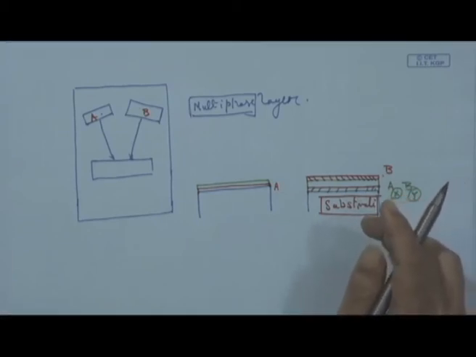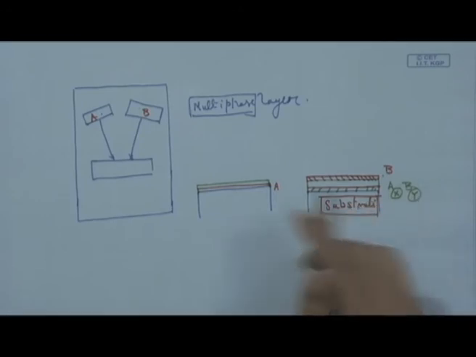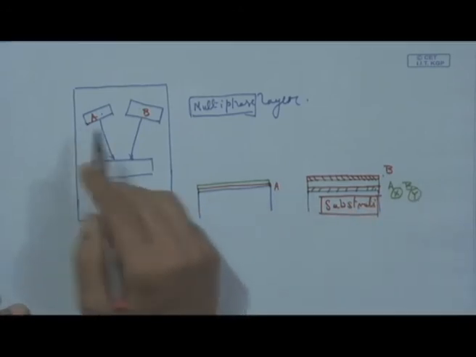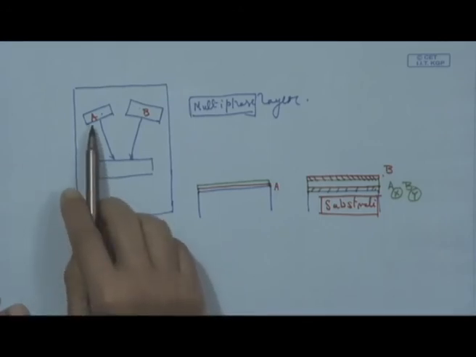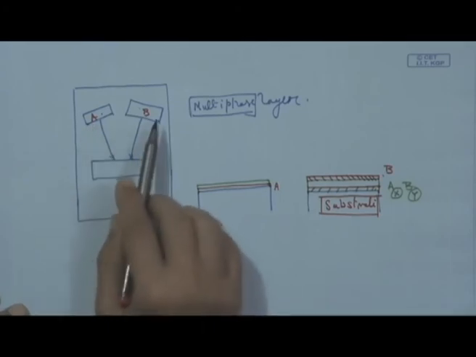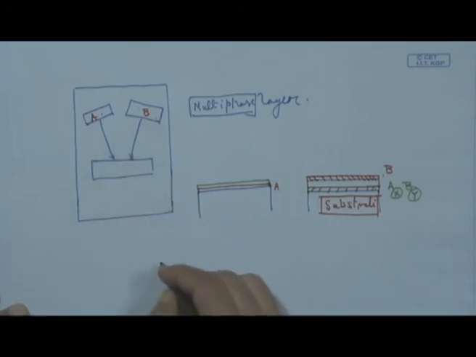sputtering, and in this case obviously we must know the sputtering rate of this cathode A and the sputtering rate of this cathode, that means target, and that one has to look from this curve.